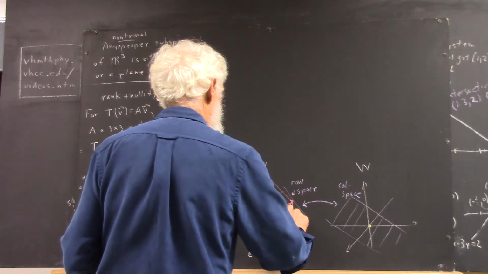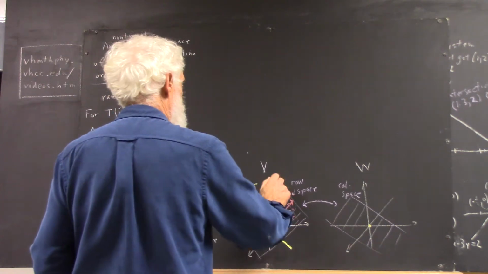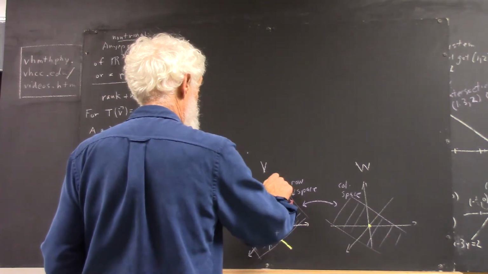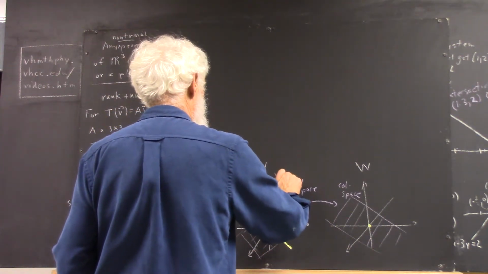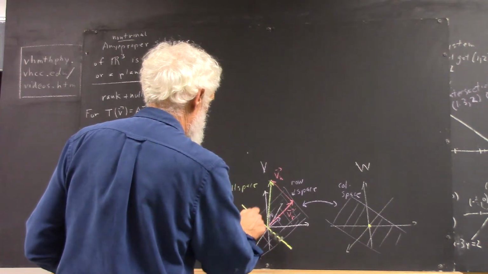So you're going to have a vector here in the row space. This vector is in the plane. This vector is perpendicular to the plane. So this will be your Vn, which of course can also be written or drawn over here.